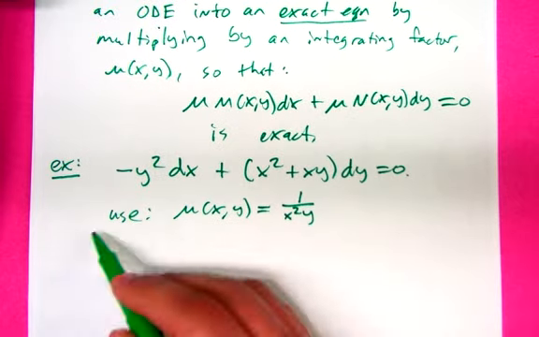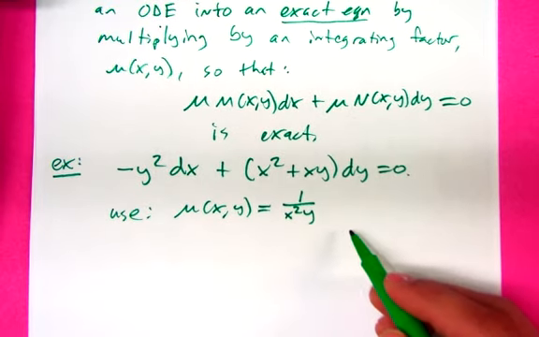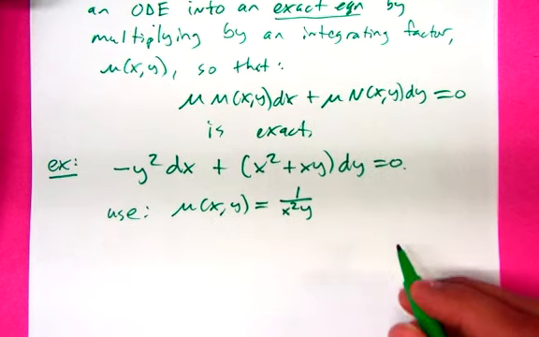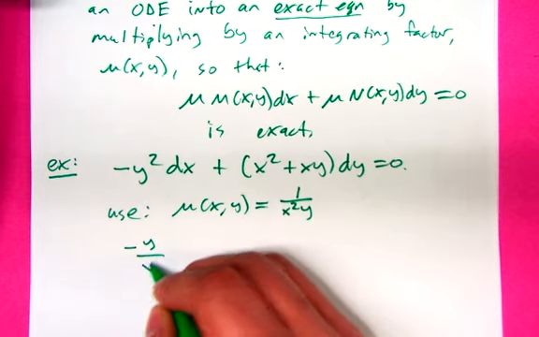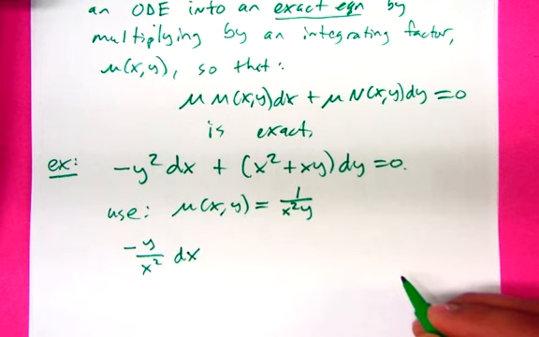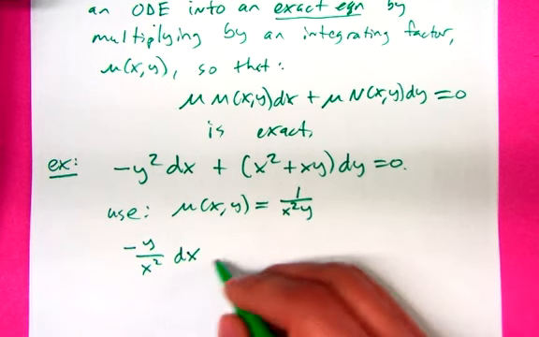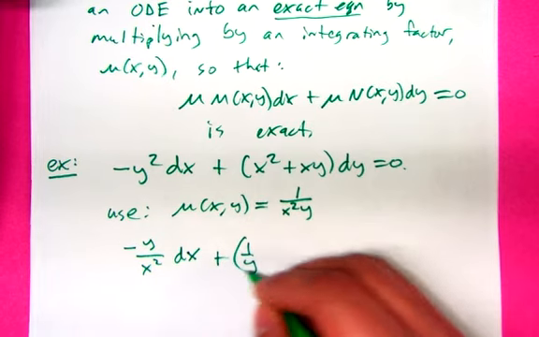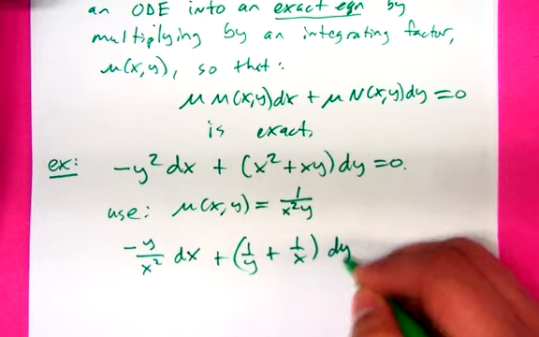So you're going to be given this, and then your job is just to multiply this whole equation by that and see what happens. So what do I get when I do that? Negative 1 over x squared y times negative y squared gives minus y over x squared dx plus 1 over y plus 1 over x dy.